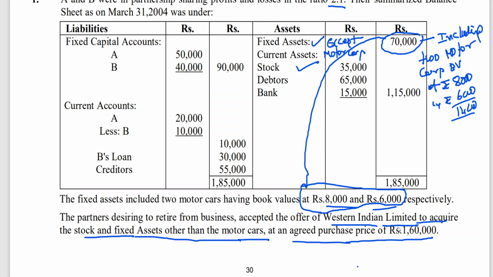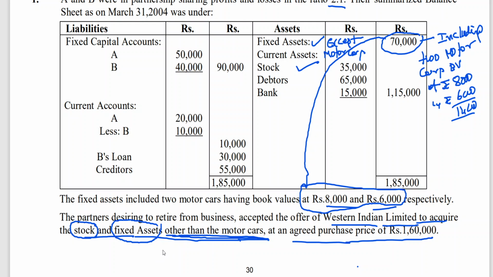Western Limited Company acquires stock and fixed assets other than motor cars. That means they are only taking 2 assets, fixed assets and stock. That means motor cars are left over, debtors are left over. Try to understand: Western Limited acquired stock and fixed assets other than motor cars, so the motor cars are left out.